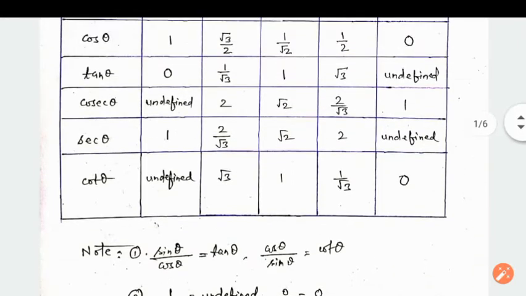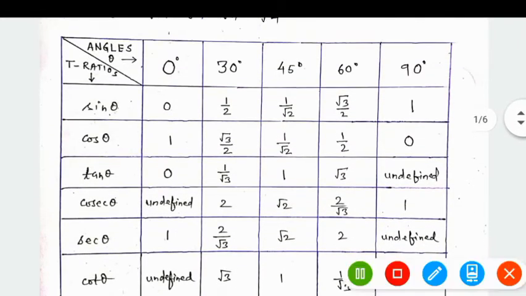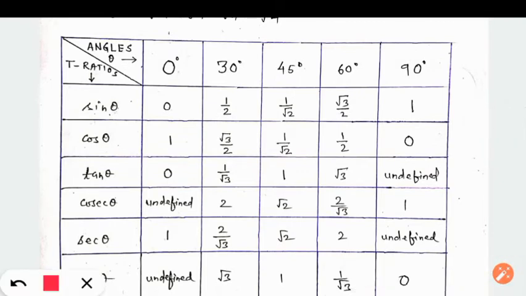Okay, so now you can understand how to find the values of tan theta. What will be the value of tan 0 degree? Sine 0 degree divided by cos 0 degree, so 0 divided by 1 gives you 0. For 30 degree, divide this: 2 will cancel out, 1 by root 3.